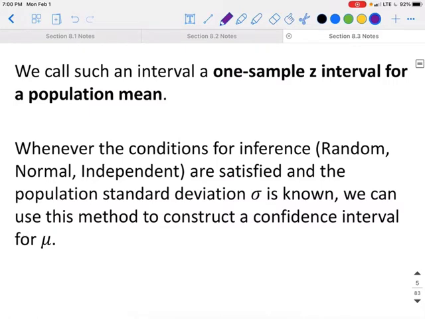We call such an interval a one sample z interval for a population mean. Whenever the conditions for the interval, random, normal, and independent, are satisfied and the population standard deviation is known, we can use this method to construct a confidence interval for mu.